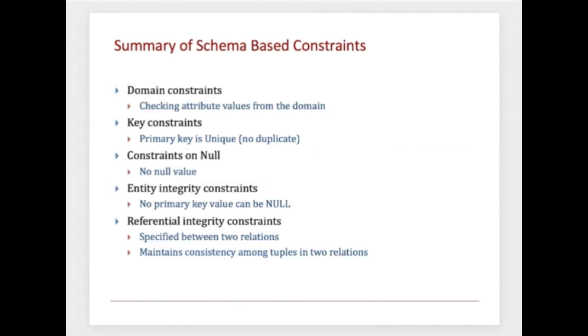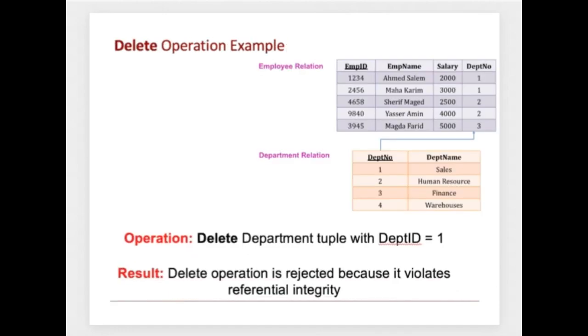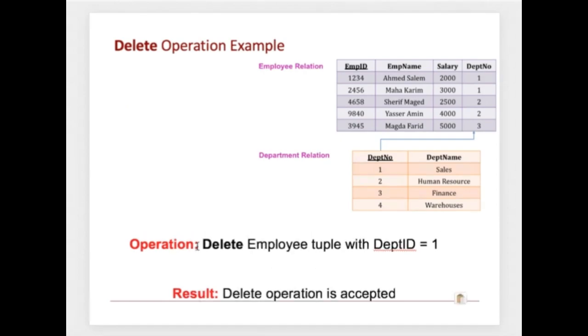Okay, here is a summary of what we studied, and the summary says that the constraints can be domain constraints. Before I give you the summary, if I give you a question like that in the exams, the question is delete from the employee table a tuple where department ID is 1.